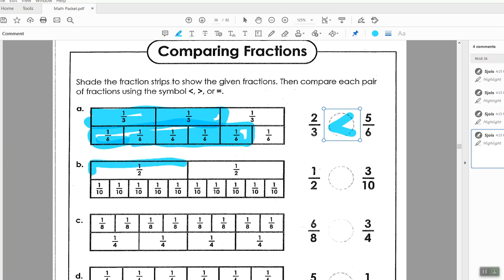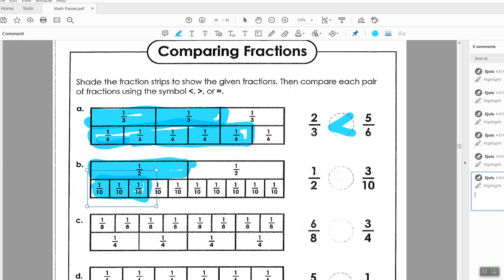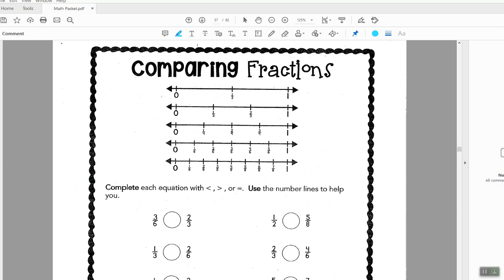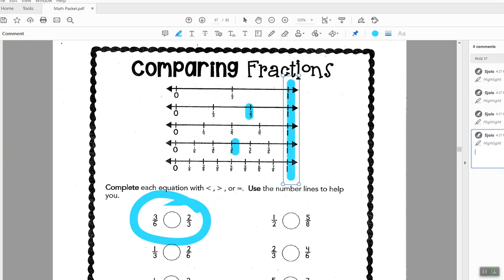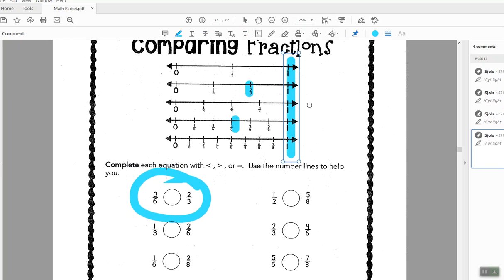Which is bigger, 1/2 or 3/10? 1/2 takes up more of the space. So that's not too bad. This one, they give you the number lines, you just have to find them. So looking at this one, 3 sixths is right here, whereas 2 thirds is right here. Which one's closer to 1? 2 thirds. It's kind of like a race. Who's closest to the finish line?